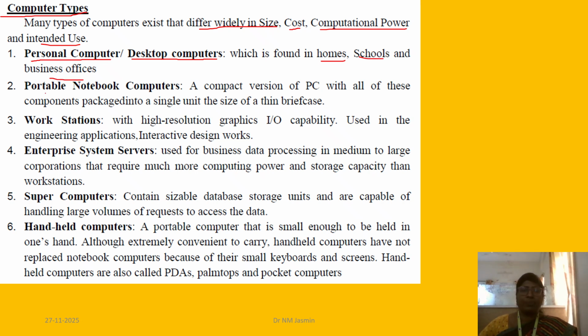The second one is the portable notebook computer. This is a compact version of the PC, with all of its components packaged into a single unit the size of a thin briefcase.